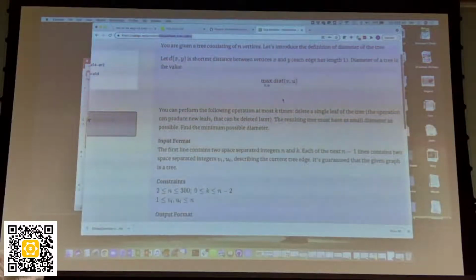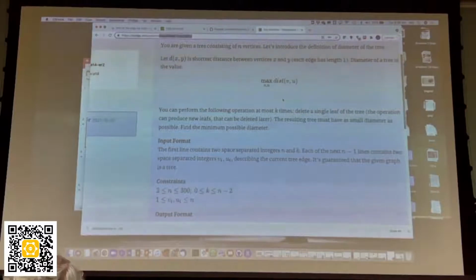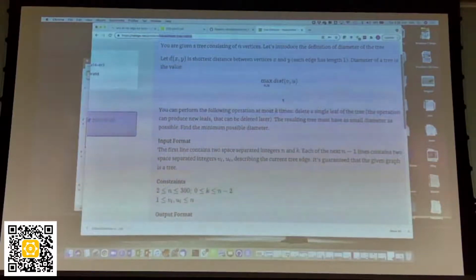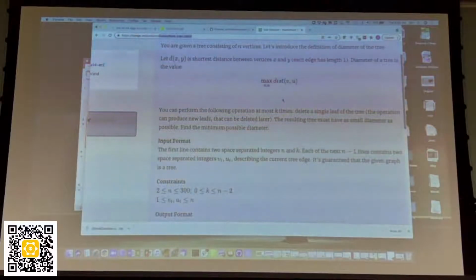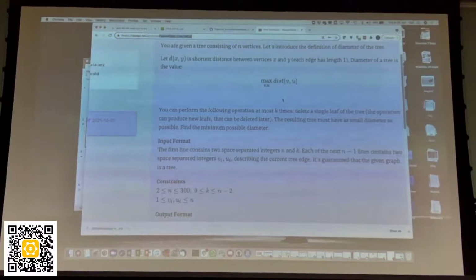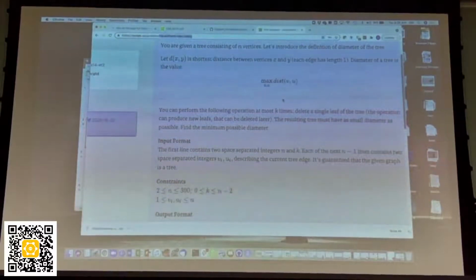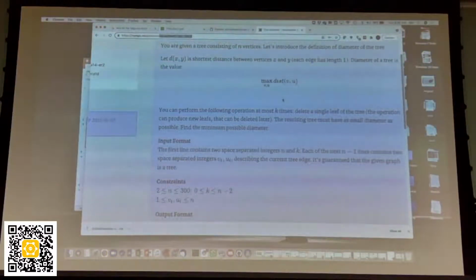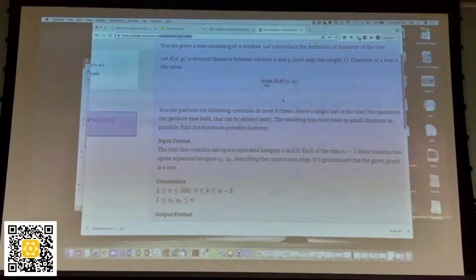So now we are given a further complication of this problem, where we are told that we can delete some vertices, and we want to make the diameter as small as possible by deleting k vertices, and we are given the number k. It's part of the input.